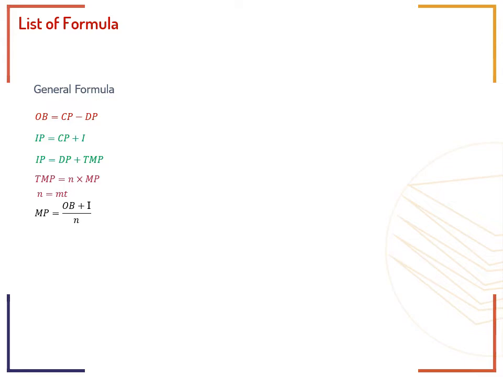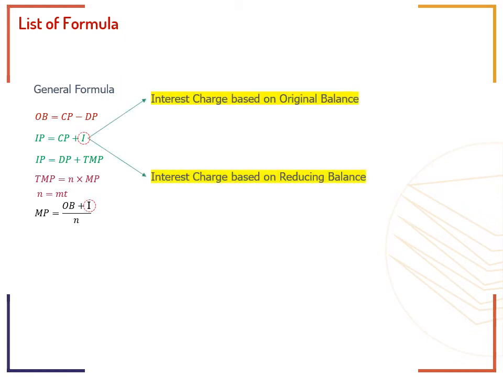There are two ways to calculate interest, namely interest charged based on original balance and interest charged based on reducing balance. For interest charged based on original balance, use I equals OB times R times T. Interest charged based on reducing balance is divided into two, namely annuity and constant ratio.